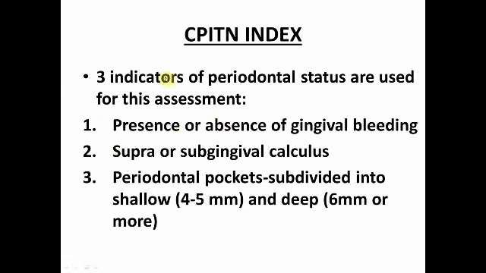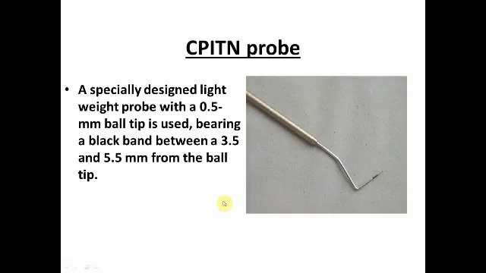Simplified index: 3 indicators: presence or absence of gingival bleeding, supra or subgingival calculus, and periodontal pocket subdivided into shallow or deep. This is the probe used for the examination.